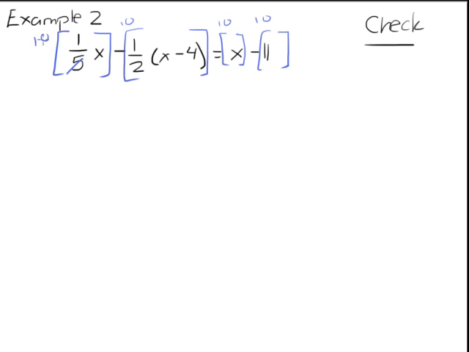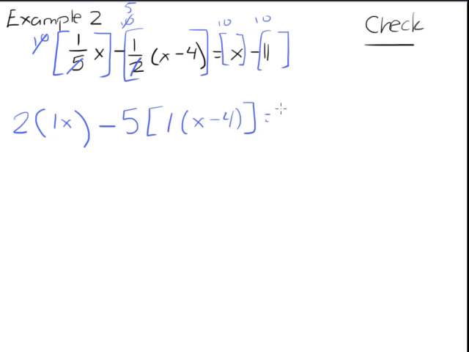Okay, so take away the 5, I'm going to have 2 in brackets 1x, whatever is left within the brackets, minus, this is going to be a 5 outside, so 5 in brackets 1 times x minus 4. Then I'm going to have 10x, and 10 times 11, that's going to give me negative 110.